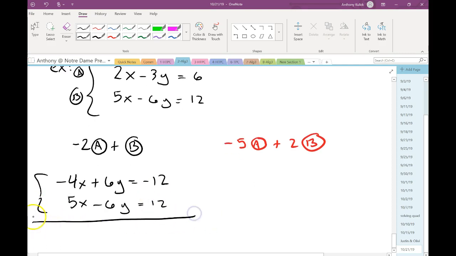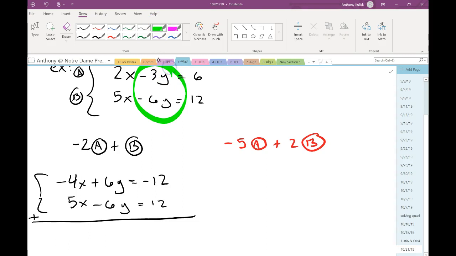I picked it so that when I add the y's together, they're going to cancel out. Does that make sense? So you have to pick the coefficient that you want. In the first problem, we didn't need a coefficient because the y's were already opposite signed, with the same coefficient. Here, the coefficients are different, so I have to make them the same somehow.